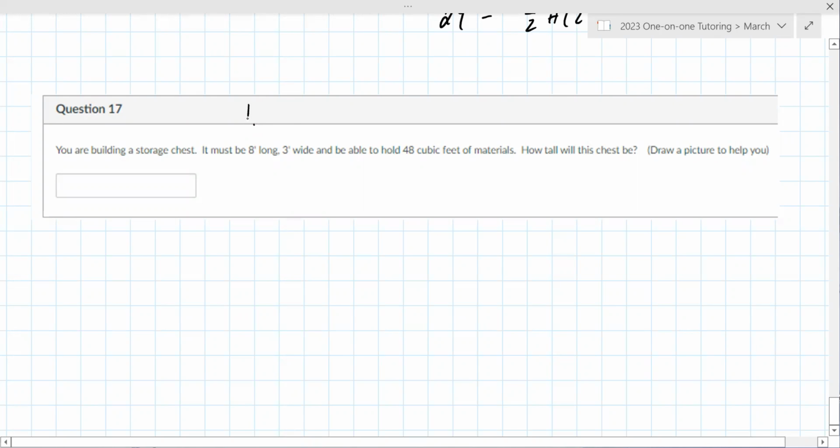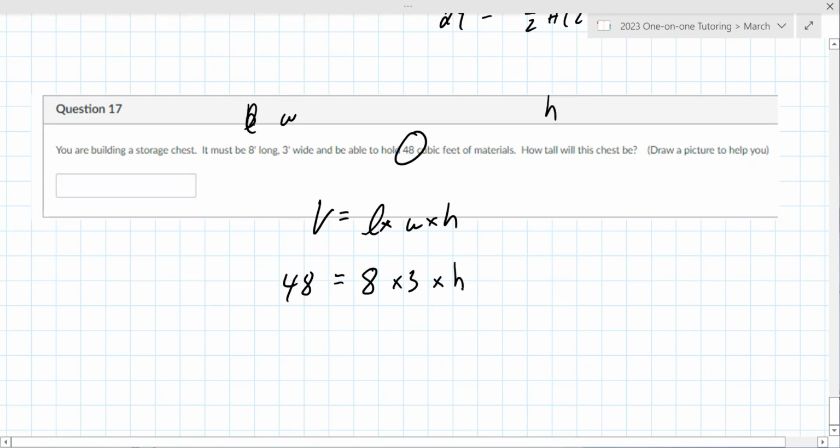They're giving you base, or length times width, and you're just missing the height in this case. The volume is length times width times height, and they're giving you the volume. They're telling you the volume is 48. They're giving you the length and the width. It doesn't matter if you misuse the numbers. You just have to know that you're finding the missing one there.